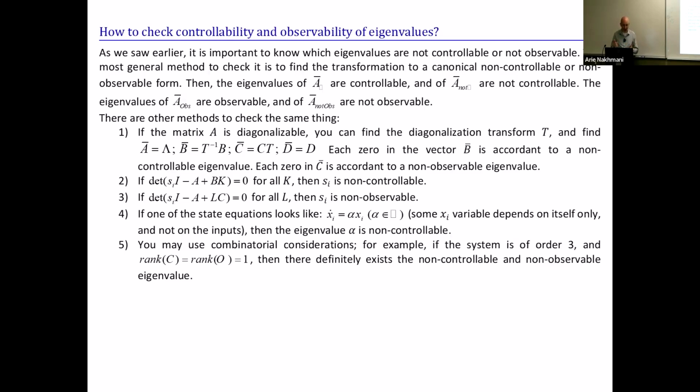This means that you have 2 non-observable and 2 non-controllable ones, right? Because this is complementary to the rank. So the rank tells you how many controllables and how many observables you have, which means if the rank is 1, then you have 2 non-observables and 2 non-controllables, right? This is combinatorial considerations, right? All right, so let's say 2 of your eigenvalues are also unstable, right?